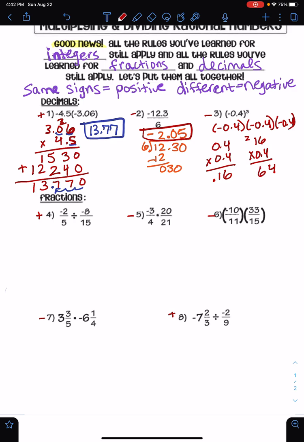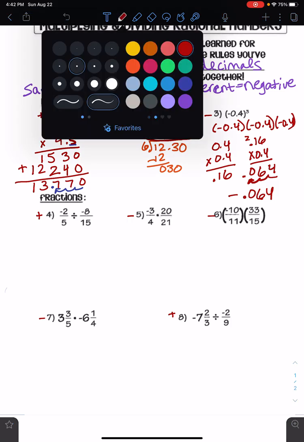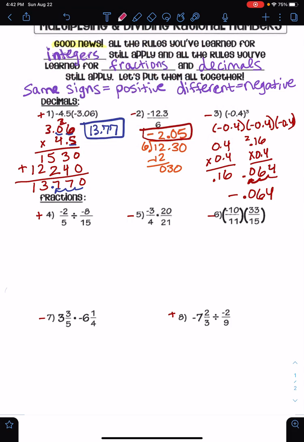And then, this had a decimal there, sorry. So I need to put the decimal 3 places over. Since there aren't enough places, I need to add a 0. So it's 0.064, but it's negative because I had a negative times a negative times a negative. And anytime you have an odd number of negatives that you're multiplying, the answer is going to be negative.